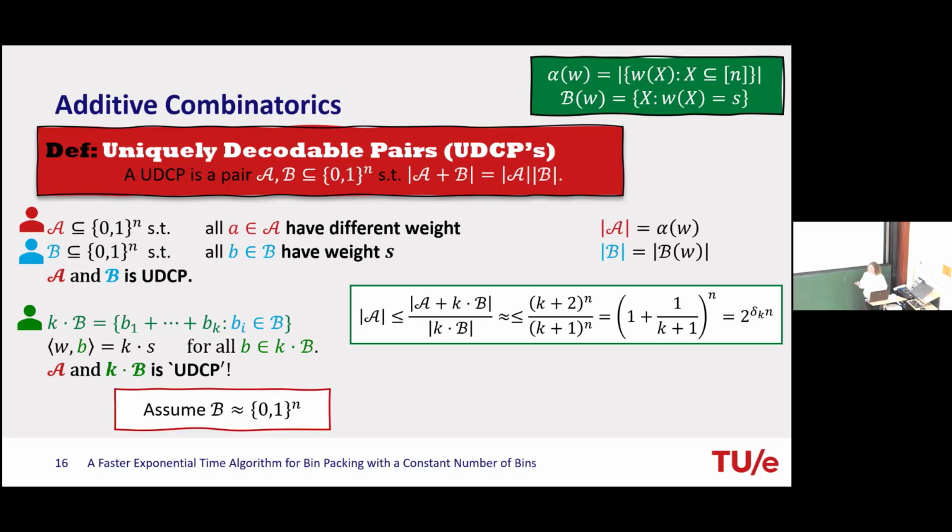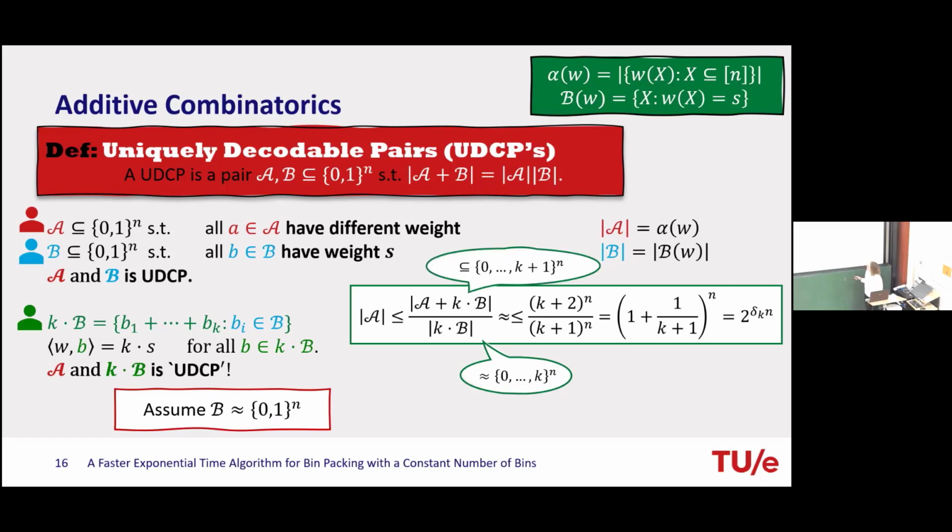So let's now assume that B is almost everything. So B is almost of size 2 to the n. Then this set B is roughly everything in 0, 1 to the n. And then this K times B will be almost everything in 0 up until K to the n.